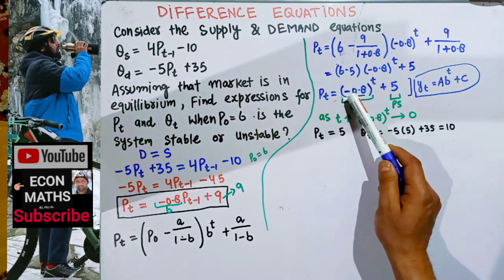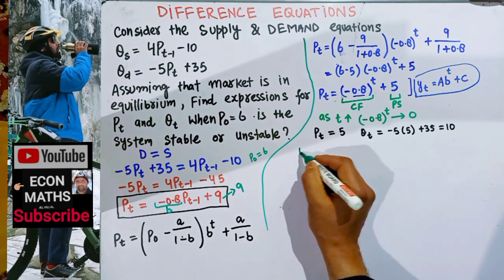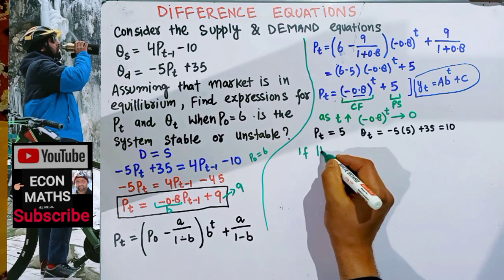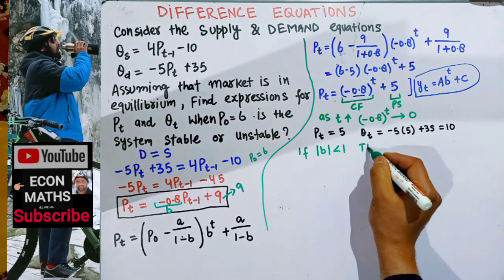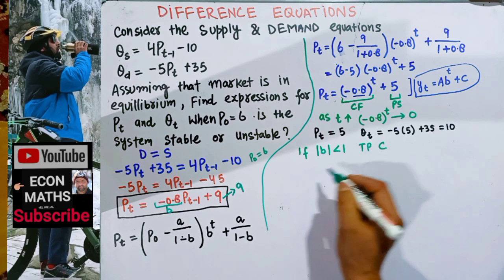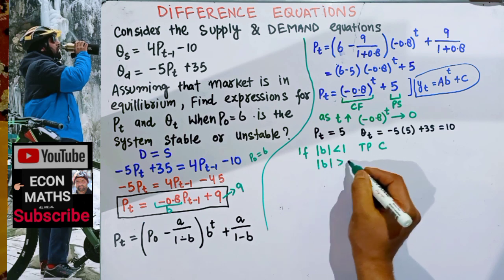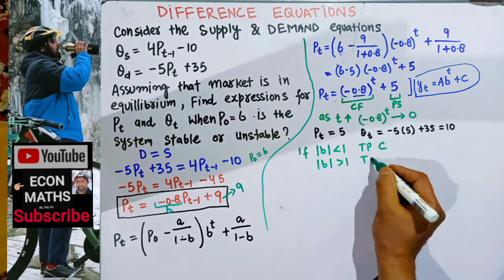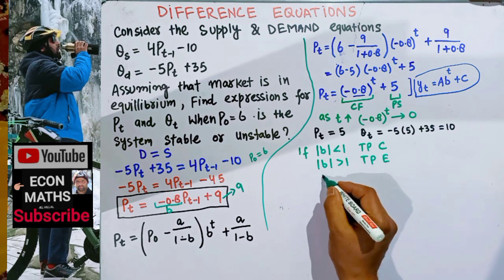Here the base is minus 0.8. And what are the stability conditions here? If the modulus of b is less than 1, the time path converges, and if the modulus of b is greater than 1, the time path explodes. I will show the graph here also.